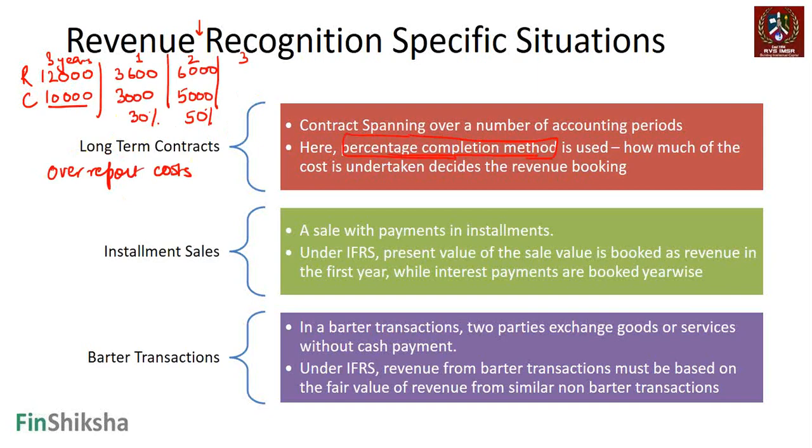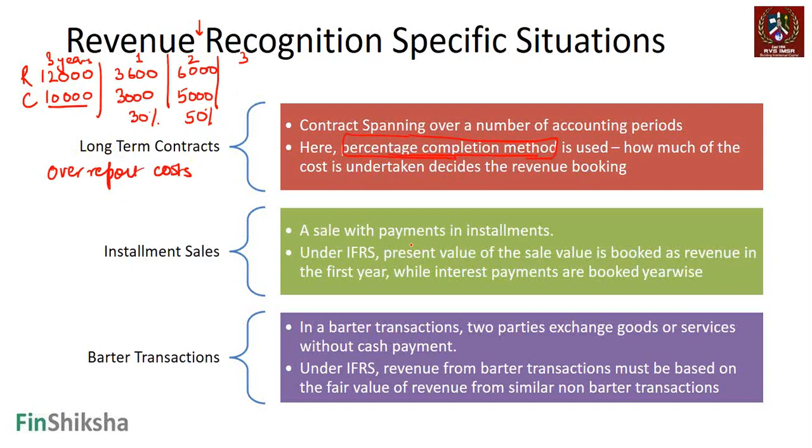But in general, that's the accounting method where we are trying to figure out how much of the cost has been undertaken. And based on that, we are trying to arrive at a number as to what is going to be the percentage of revenue that the firm has basically accrued in that period, right? So that's basically the structure of revenue in terms of long-term contracts.